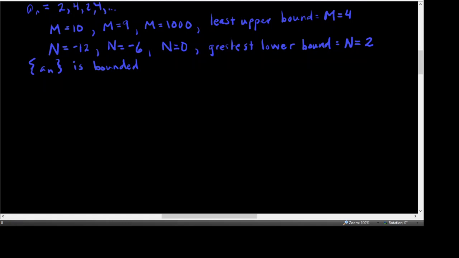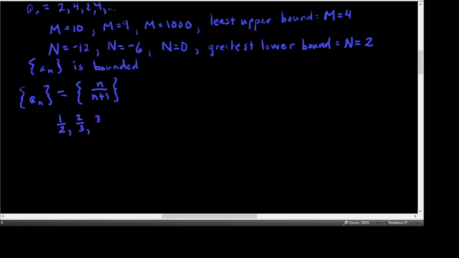Same thing is true. So let's look at this sequence, a different a sub n, where this a sub n is defined by the formula n over n plus 1. And so if we find a few terms here, putting in 1, we'll get 1/2. Putting in 2, we'll get 2/3.